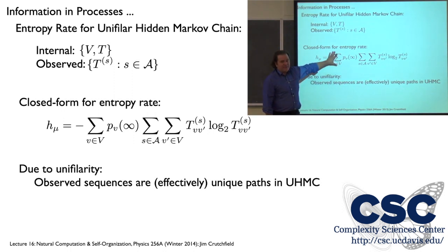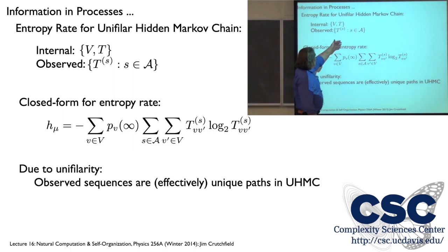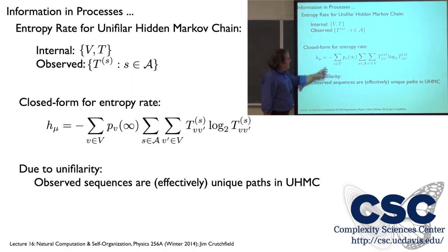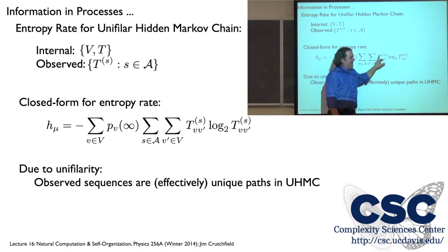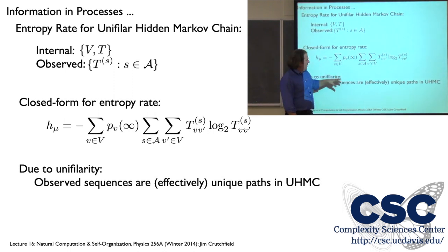So we end up with a very similar formula to the one I just showed you. Except now, of course, I have some internal Markov chain transition matrix, and then I have a different observed alphabet, say 7 internal states and a binary output alphabet. And that's what I'm interested in. I have this binary process. I want to know its entropy rate, but I can use essentially the entropy rate of the internal state Markov chain, suitably modified, but the same idea.